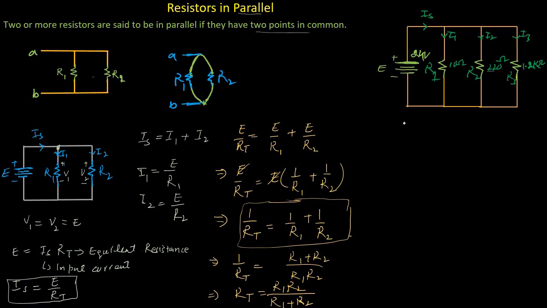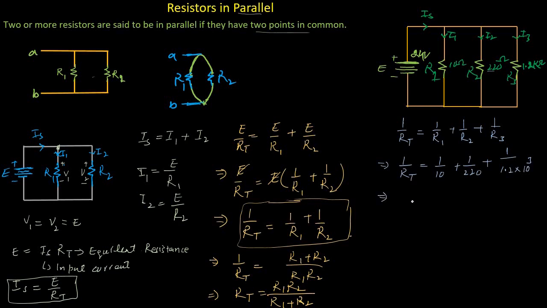So 1 over RT is equal to 1 over R1 plus 1 over R2 plus 1 over R3. So 1 over RT is equal to 1 over 10 ohms plus 1 over 220 ohms plus 1 over 1.2 kilo ohms.